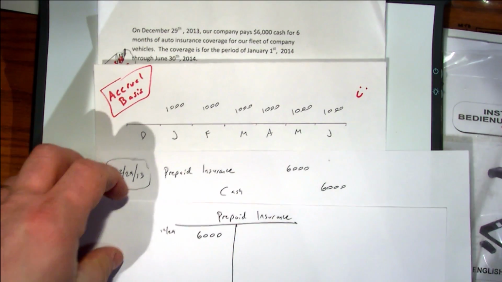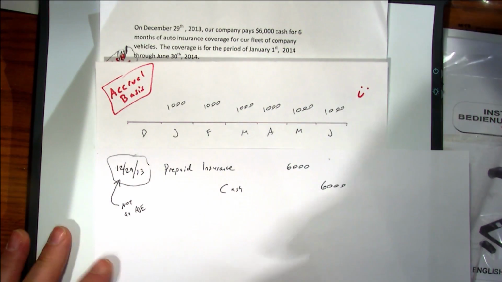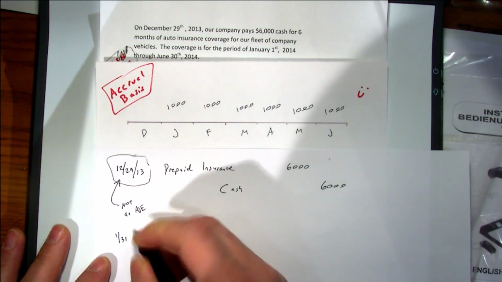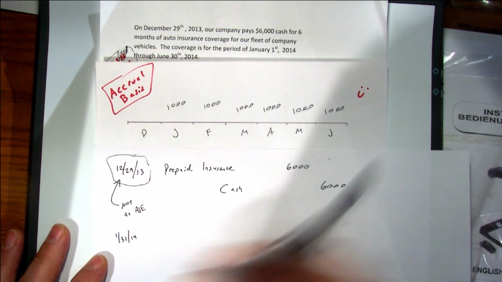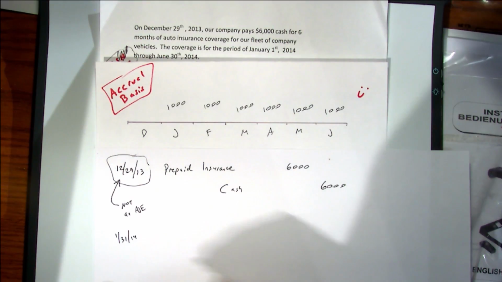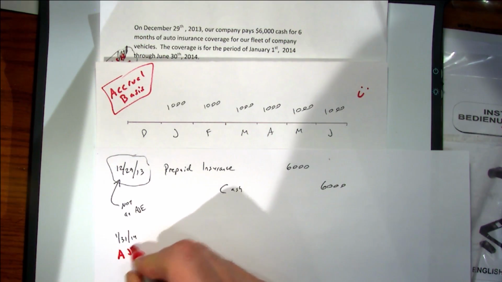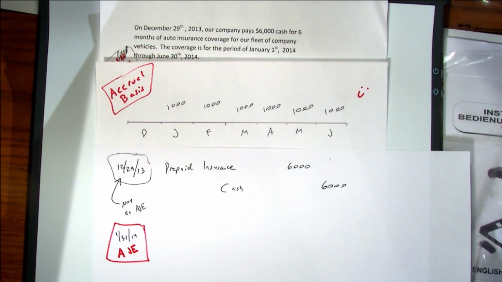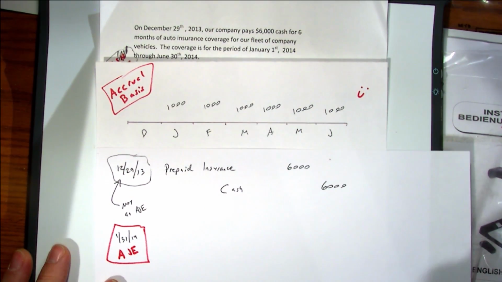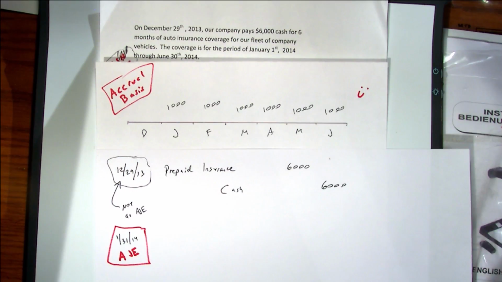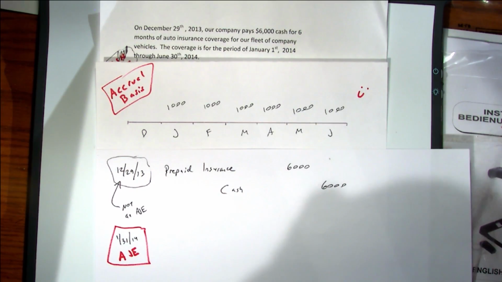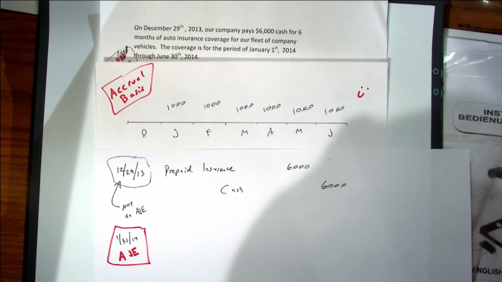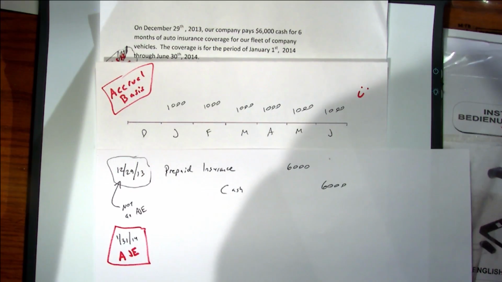Thus, on 1/31 of 14, we need to make our AJE. We need to show how much of that prepaid insurance has been used up, and we need to decrease our asset by that amount.